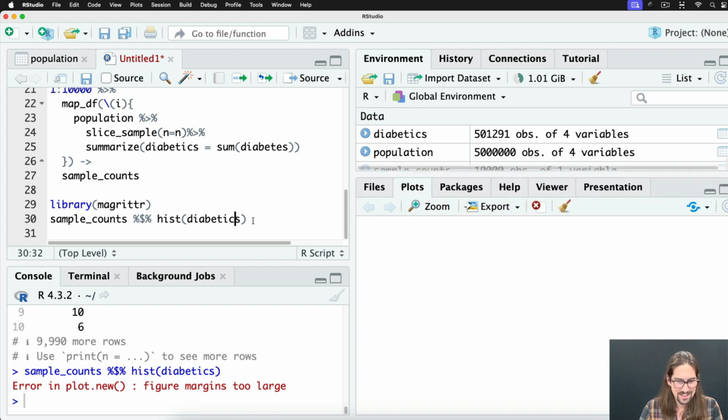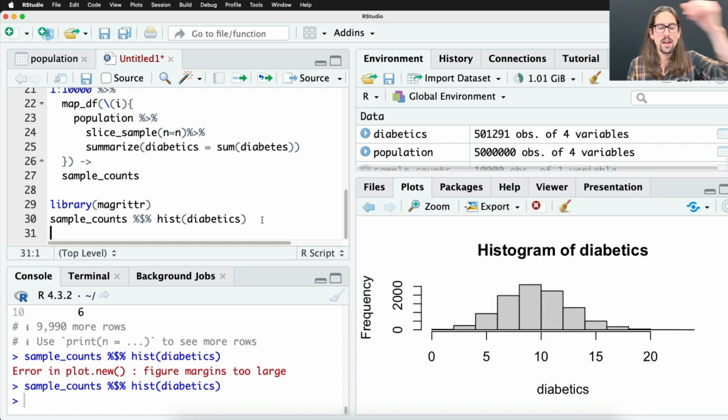There we go. Okay, so you can make this histogram a lot of different ways.